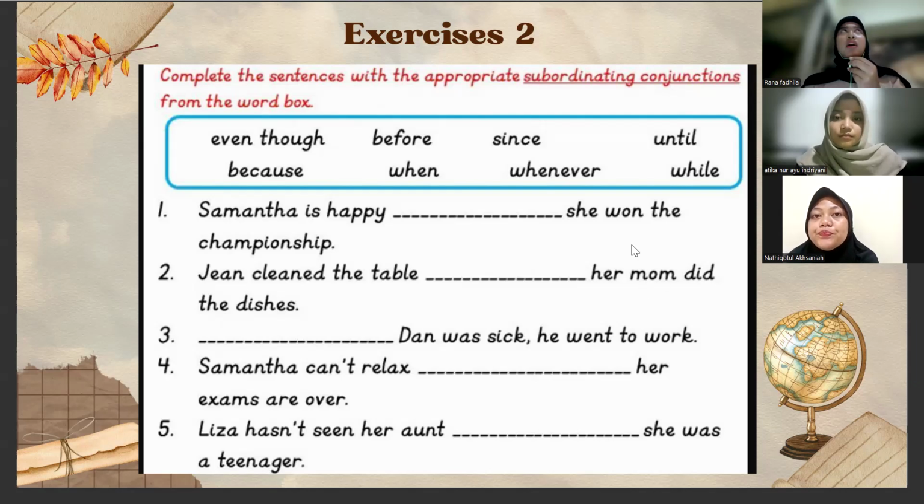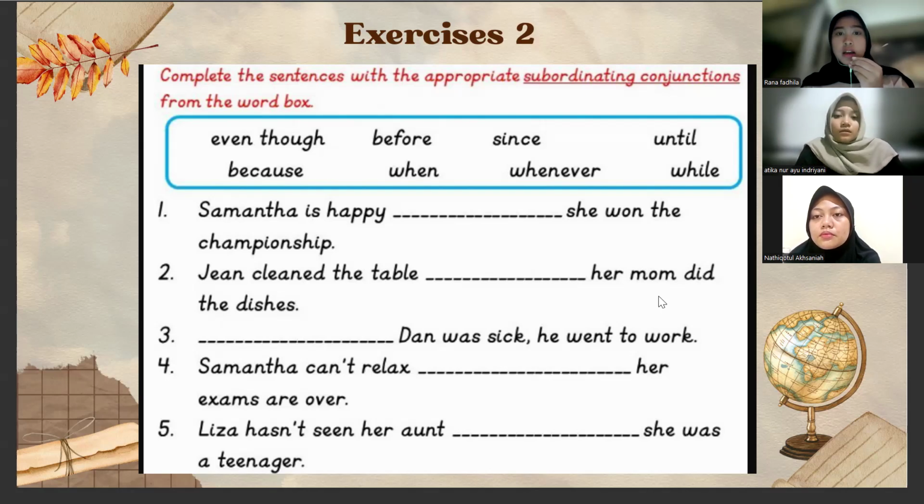If this sentence stood alone, we could not know who "her mom" is. "Her mom" refers to Jian's mom. So we can say that "her mom did the dishes" is a dependent clause. Jian cleaned the table before her mom did the dishes.